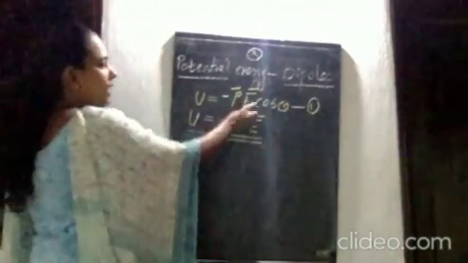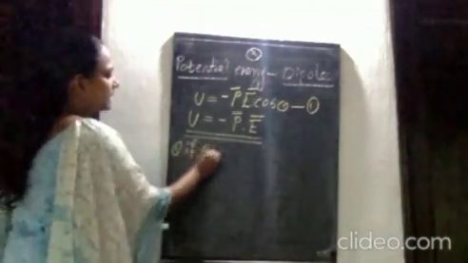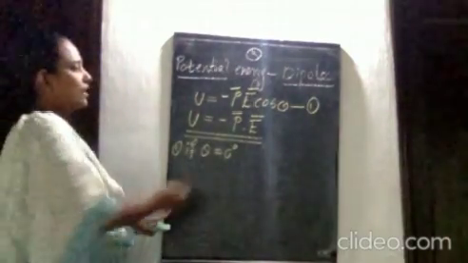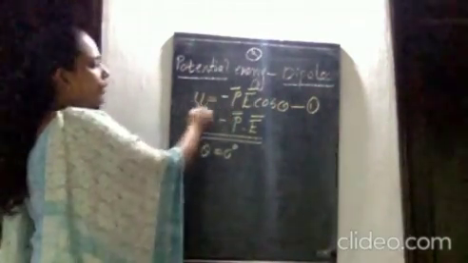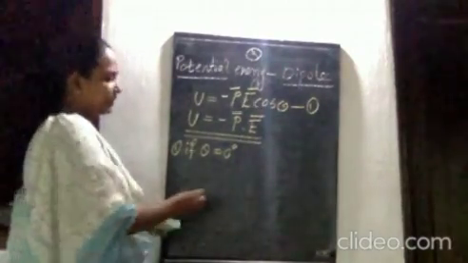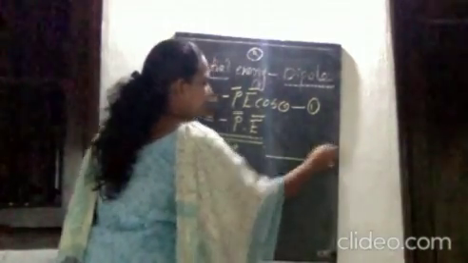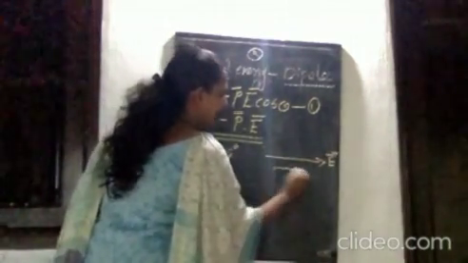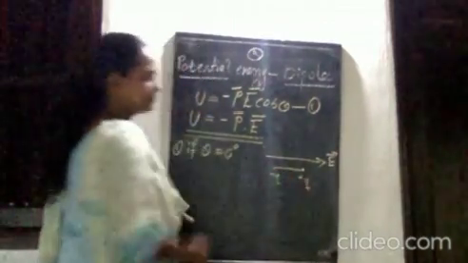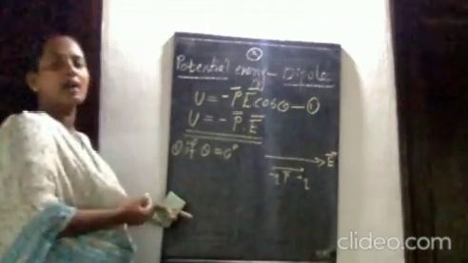From this formula, if theta is equal to 0, what is the meaning of theta equal to 0? The angle between the dipole moment vector and the electric field is equal to 0. Therefore, the electric field is acting in this direction, and the dipole is placed parallel to it, with minus q here and plus q here. Then the angle becomes 0.